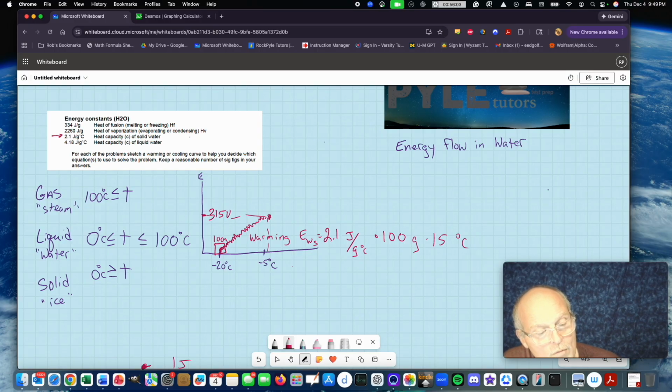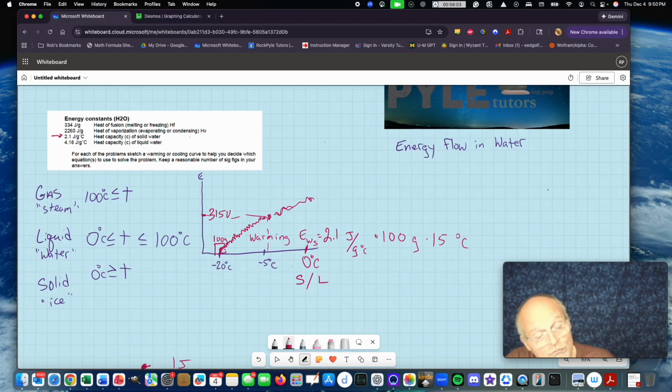And the way I'll show that is like this. This is what a warming, which would be positive energy, or if it were cooling, it would be negative, but it will all be in the same phase, or doesn't change from solid to liquid. Now we can continue doing that, and I could figure out that warming curve to go up until 0 degrees C. Right? Once I'm at 0 degrees C, it matters whether I am a solid or a liquid.